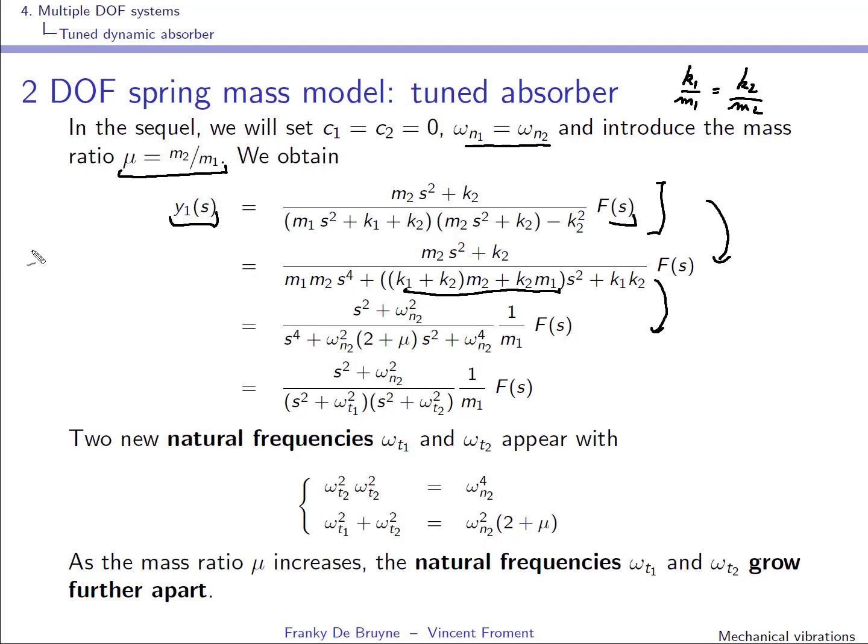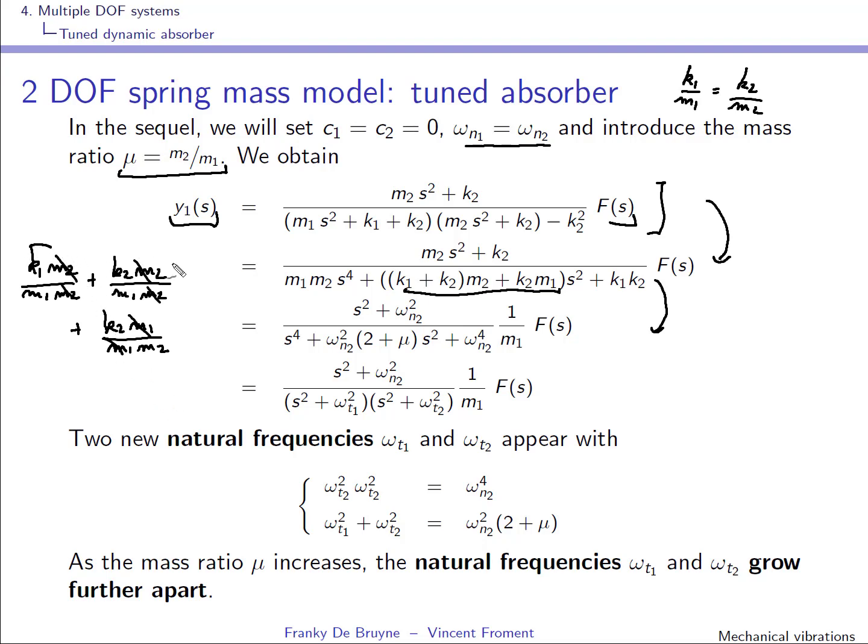So we'll have K1 M2 over M1 M2 plus K2 M2 over M1 M2. And then we have K2 M1 over M1 M2. So this we can cancel out.